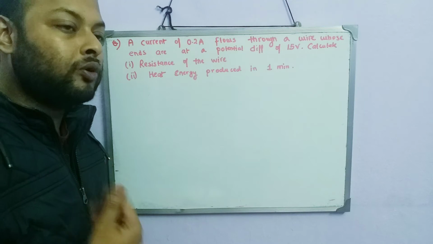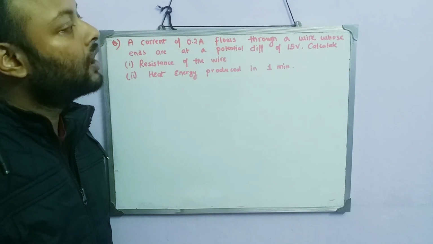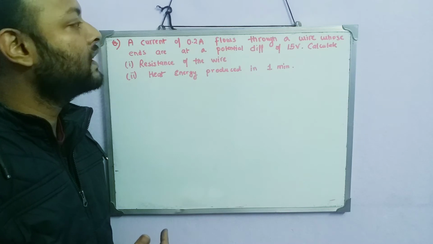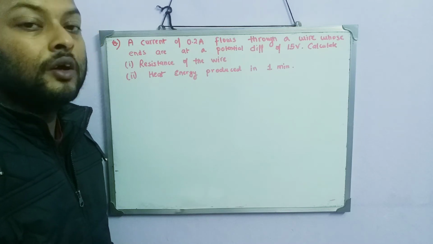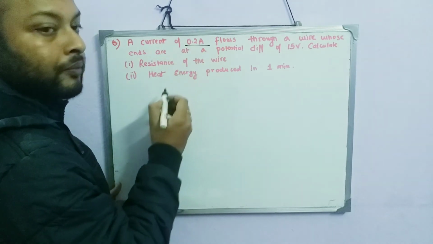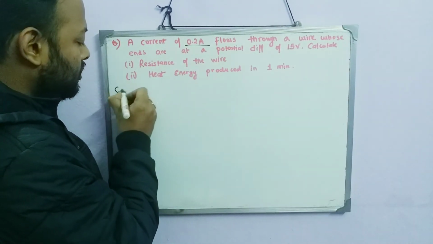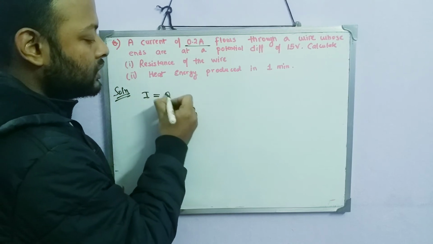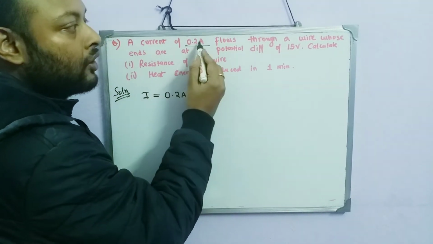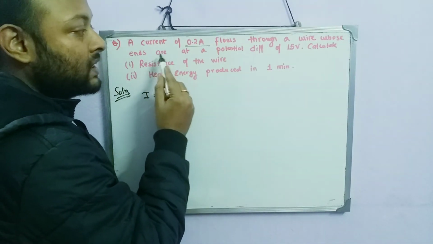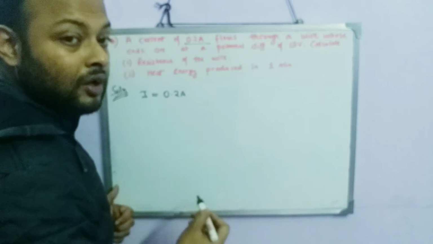Now I have one more question with us. A current of 0.2 ampere flows through a wire whose ends are at a potential difference of 15 volt. So I is equal to 0.2 ampere, that is flowing through a wire whose ends are at a potential difference of 15 volt.